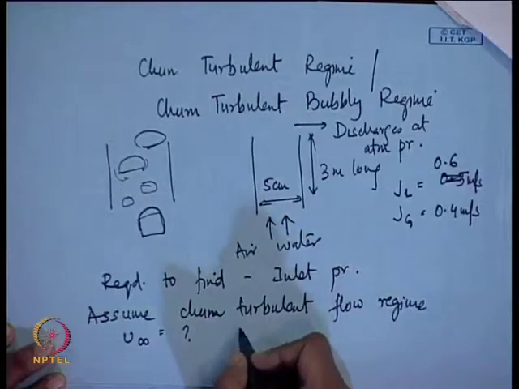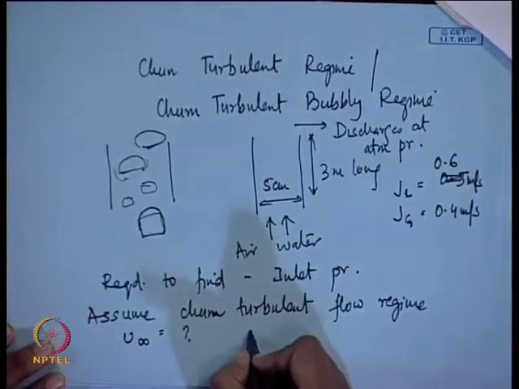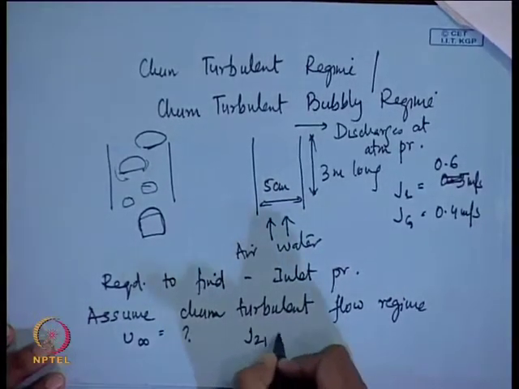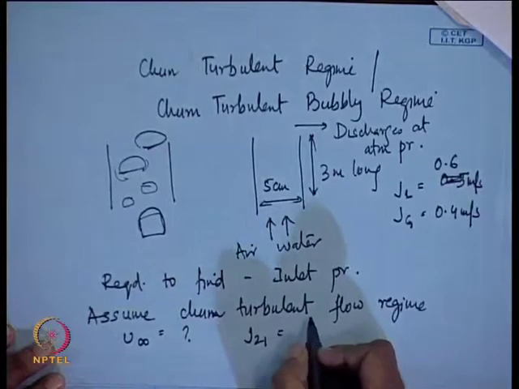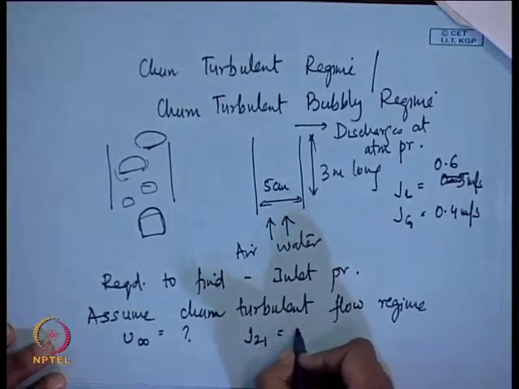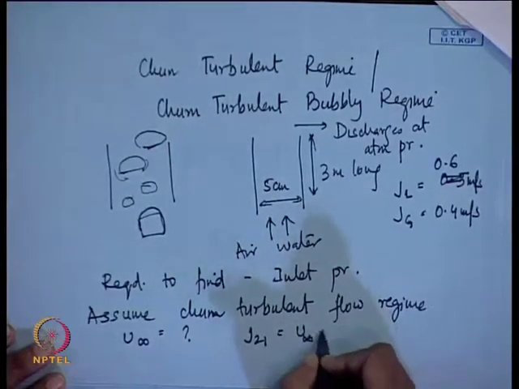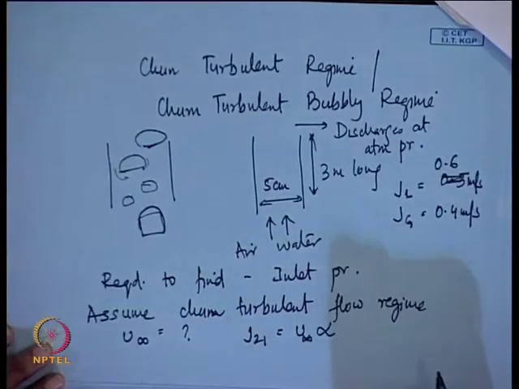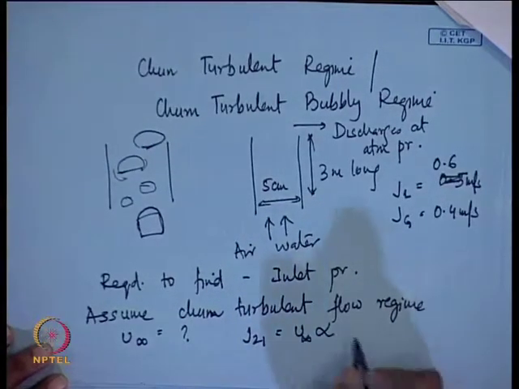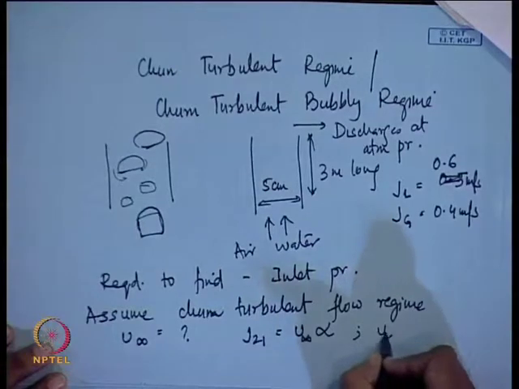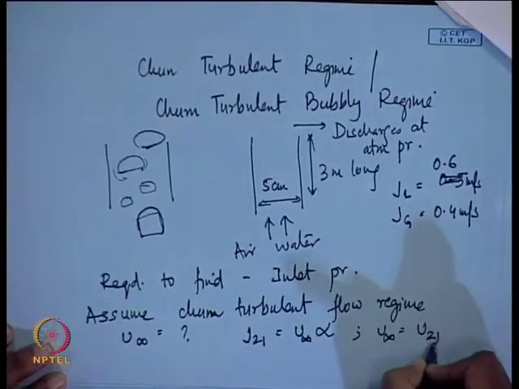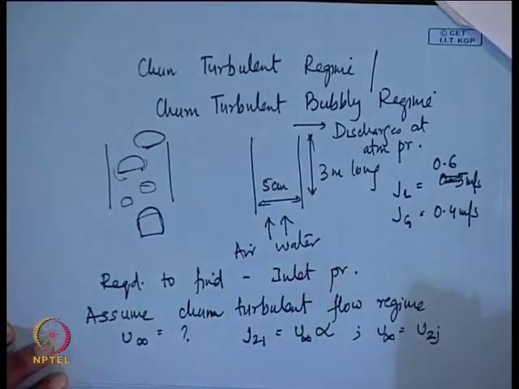Okay. Now, next we can find out J21, we know n equals 0. So, therefore, u infinity into alpha is going to be your J21, where your u infinity is nothing but equal to u2j in this particular case.